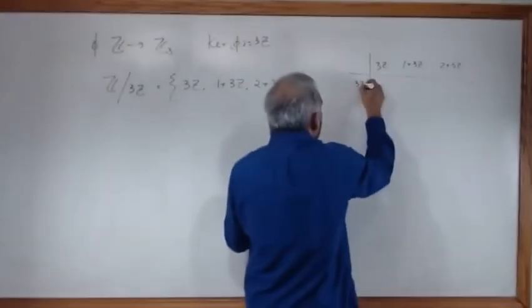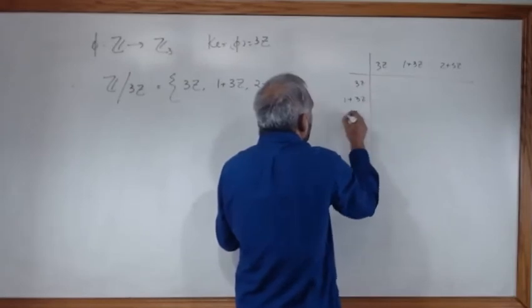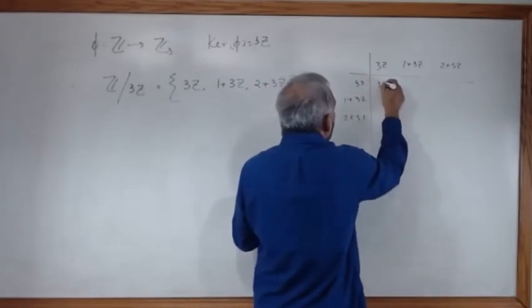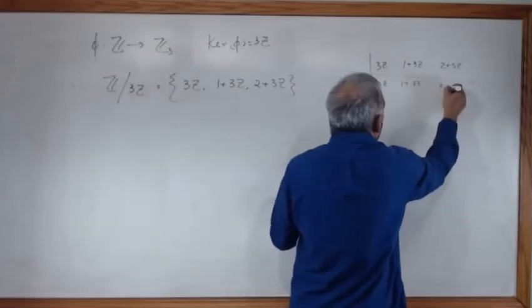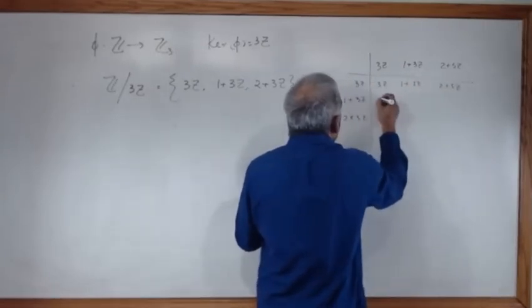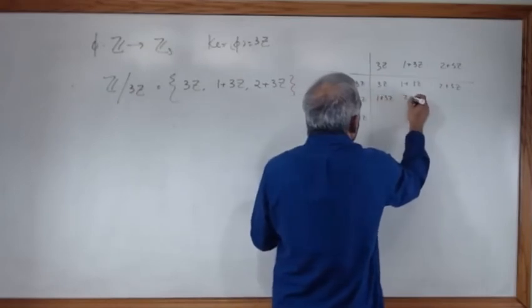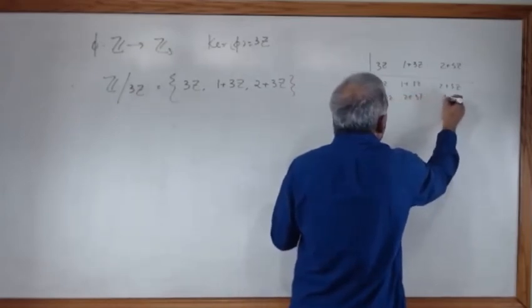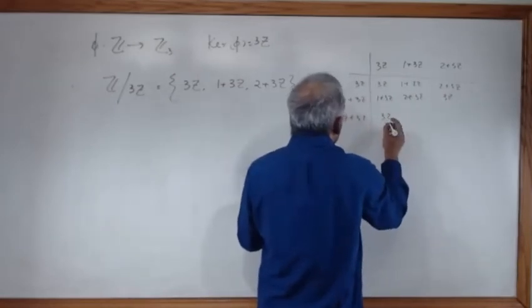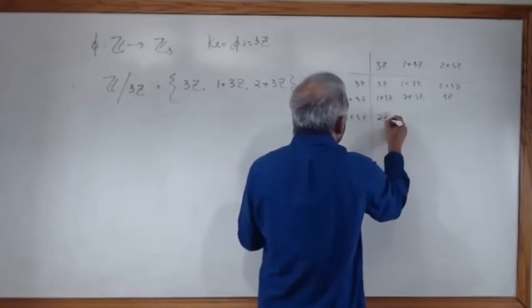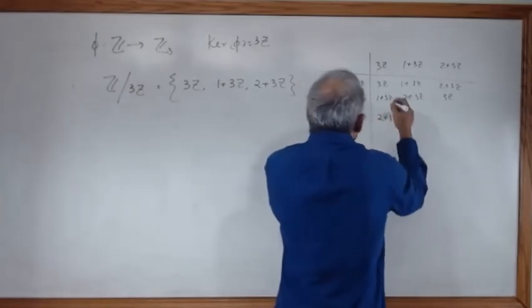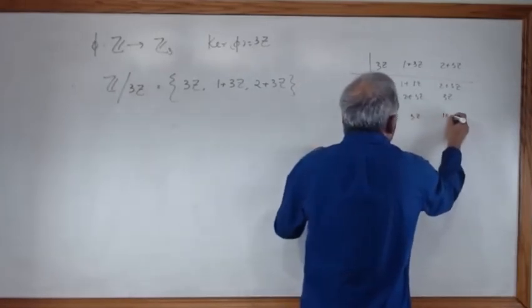And if you draw the multiplication table: 3Z, 1 plus 3Z, 2 plus 3Z; 1 plus 3Z, 2 plus 3Z, 3Z; sorry, this is going to be 2 plus 3Z, 3Z and 1 plus 3Z.